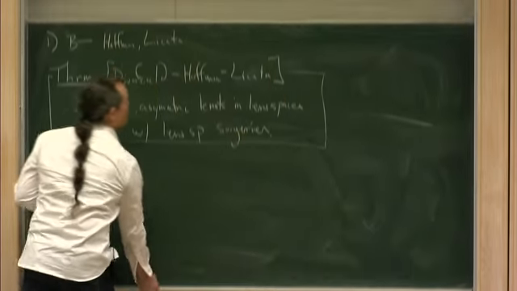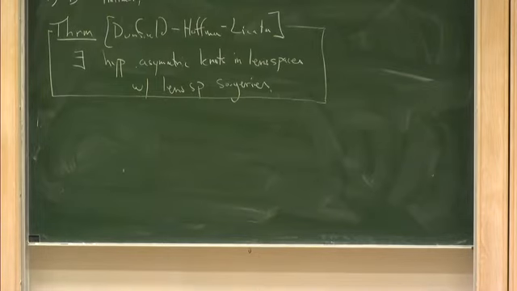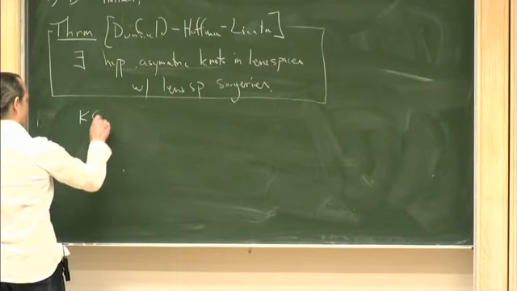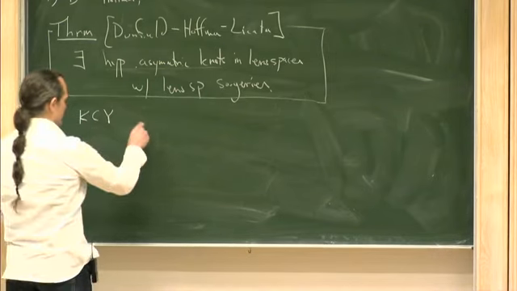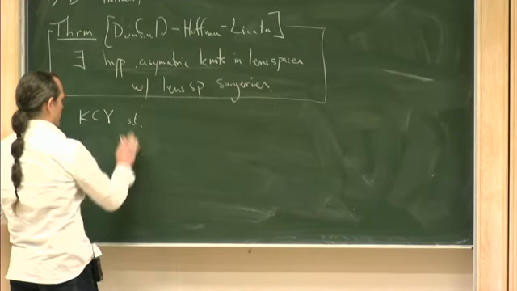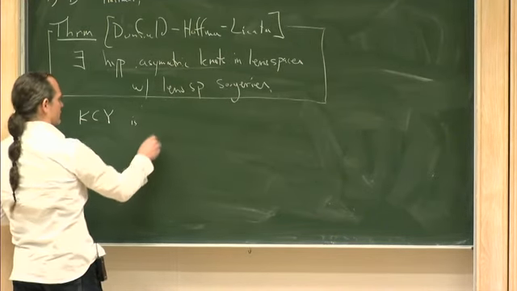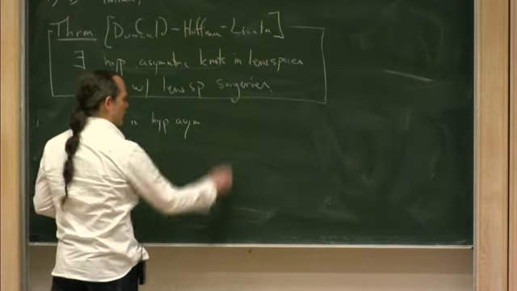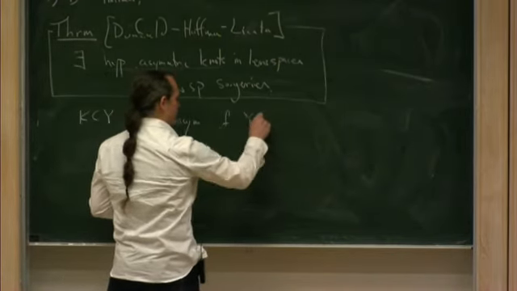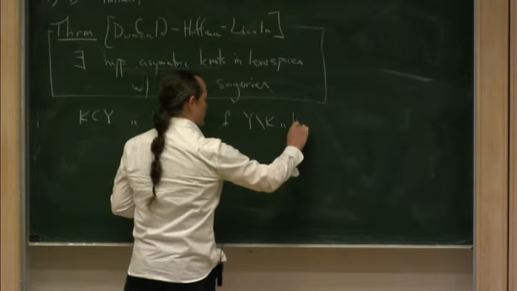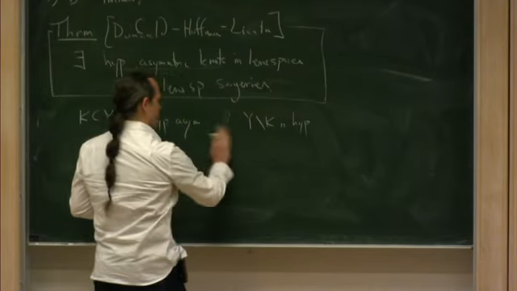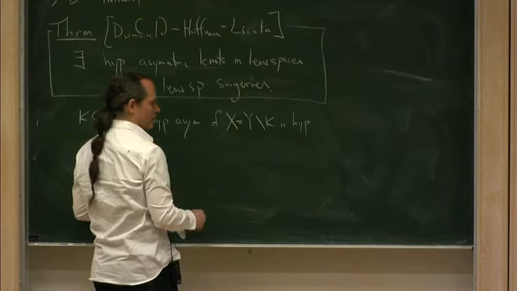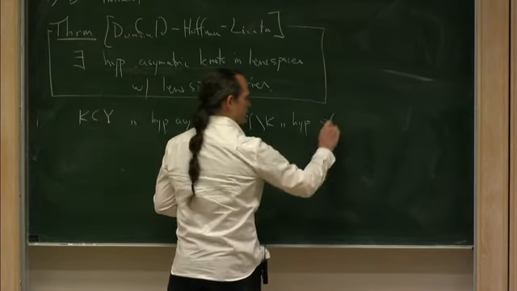So, in particular, let me actually just define what we mean by this. Given a knot K in Y, let's just say K is hyperbolic asymmetric if the complement of the knot is a hyperbolic manifold, let's call it X, with trivial isometry group.